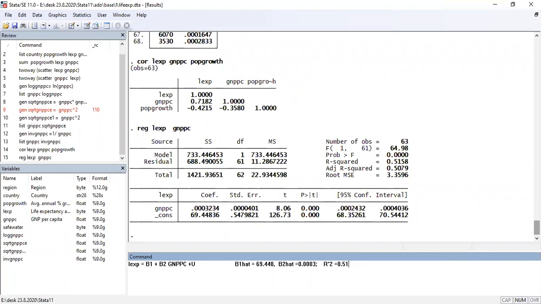Not 0.5, 51%. 51% of the variation of life expectancy can be explained by GNP per capita. True. 51% of the variation of life expectancy can be explained by the X variable, GNP per capita, or by the regression.